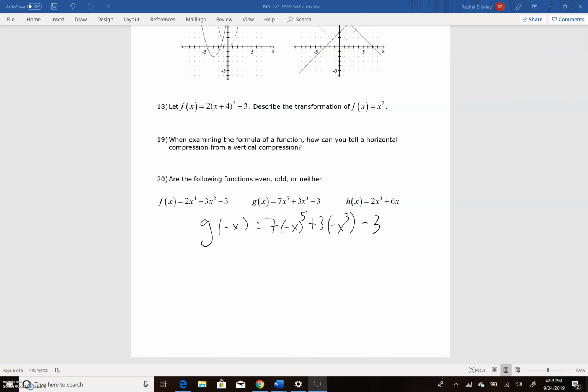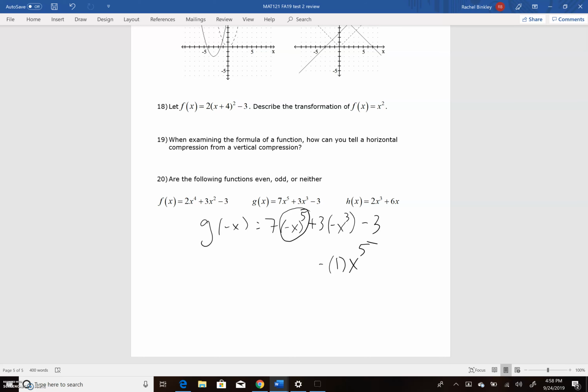Negative x to the 5th power is the same as negative 1 times x to the 5th power.